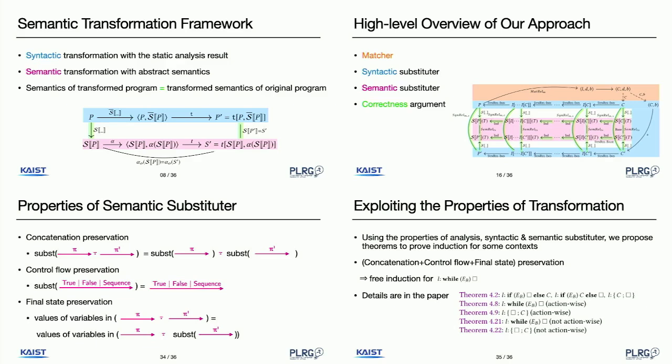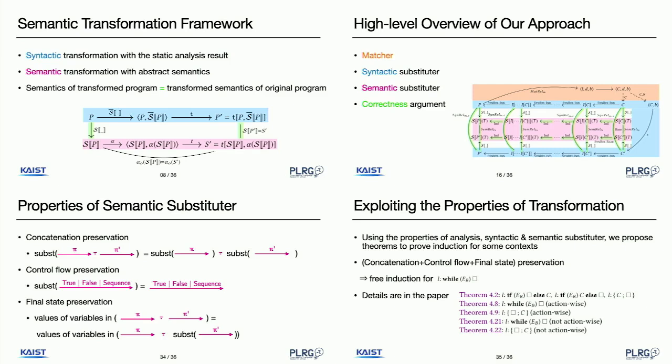Thank you for the question. I think in Cousot's paper there are 2 example transformations. First is constant propagation, and second is monitoring the traces.